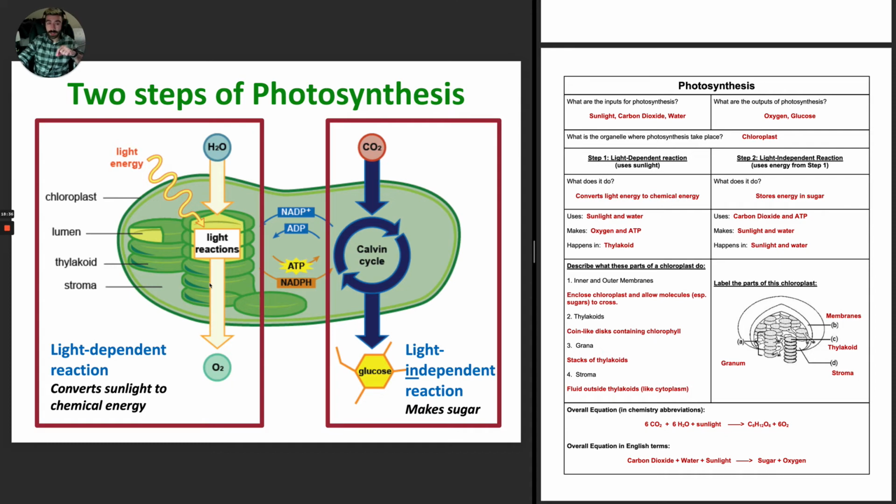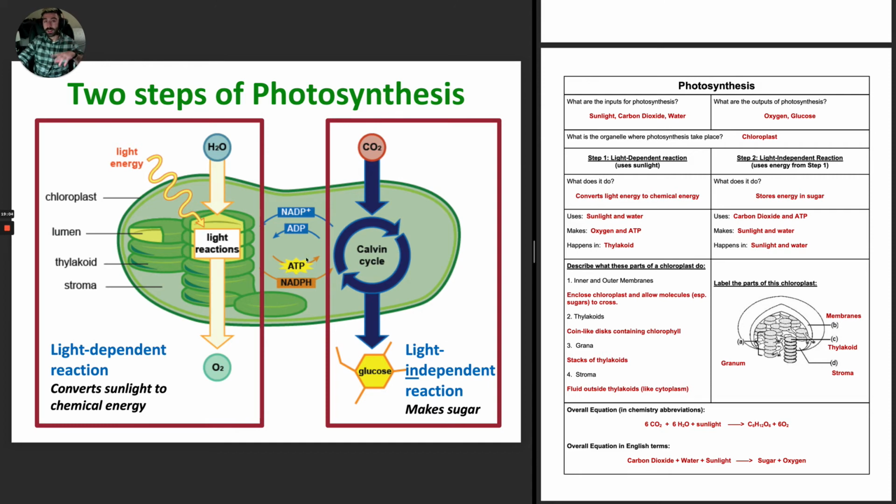And this is happening in the thylakoids, or the grana, the stacks. Now, those water molecules get broken up. It releases oxygen, and it also produces ATP, which is a molecule we'll talk about a little bit later. But it produces ATP.